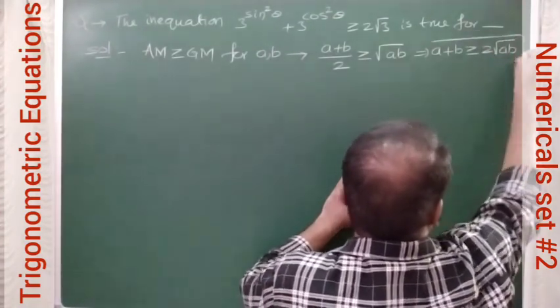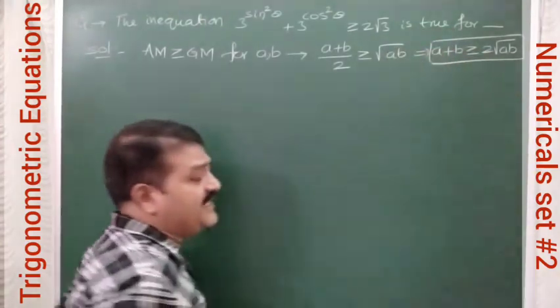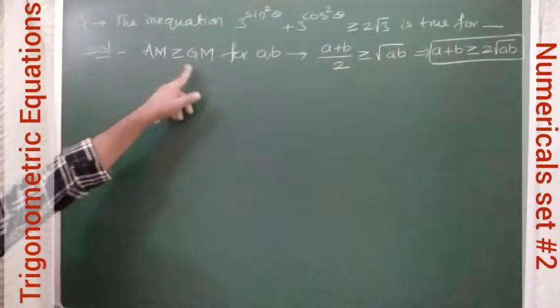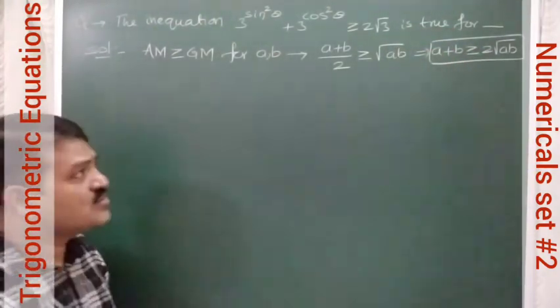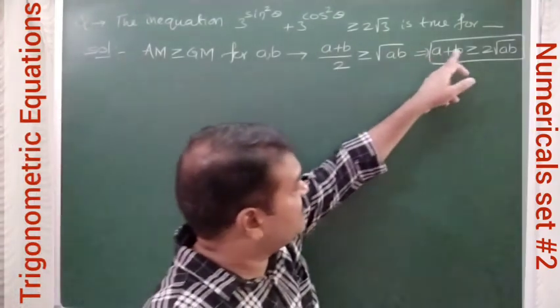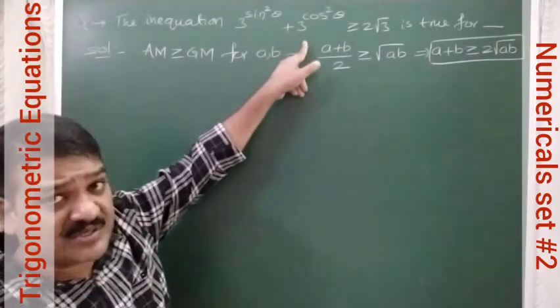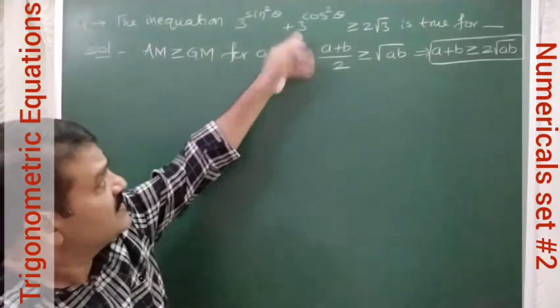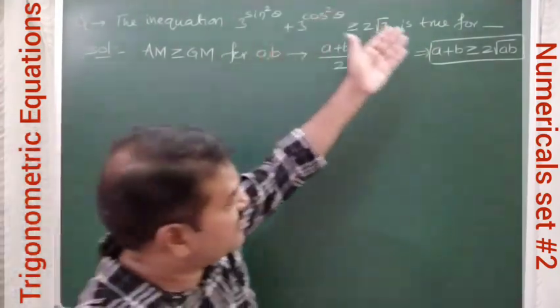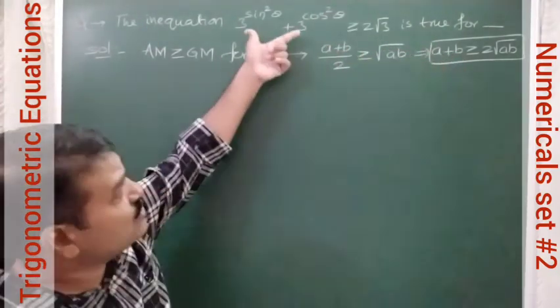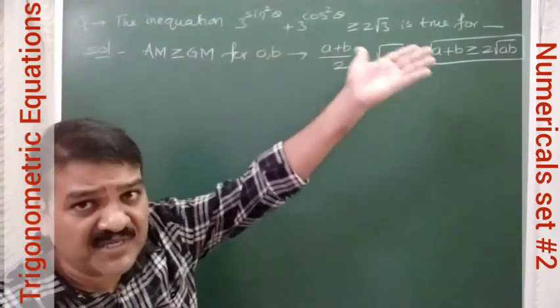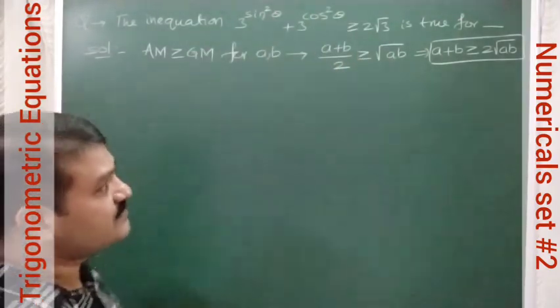This is the basic inequality which comes from this. Now in place of a and b, I will use these two terms because this is what we need. So automatically we will get some condition.